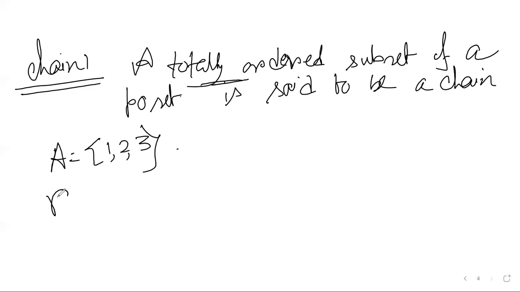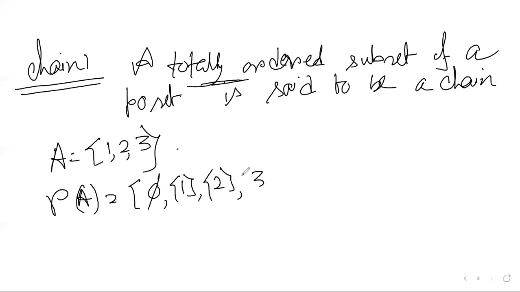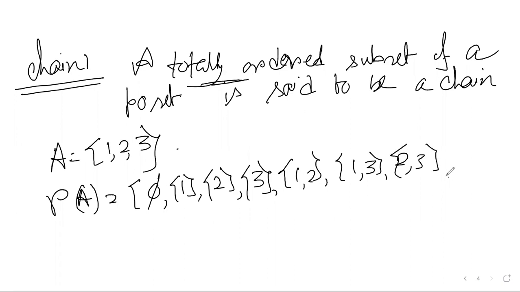So the power set of A is this set: phi, singleton 1, singleton 2, singleton 3, then {1, 2}, {1, 3}, {2, 3}, and then A, right?